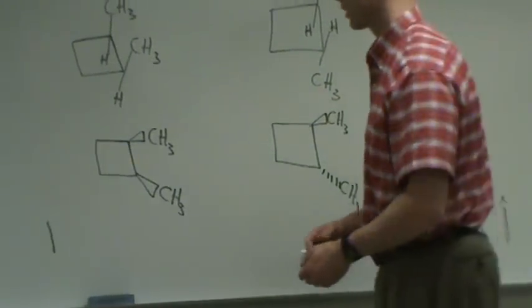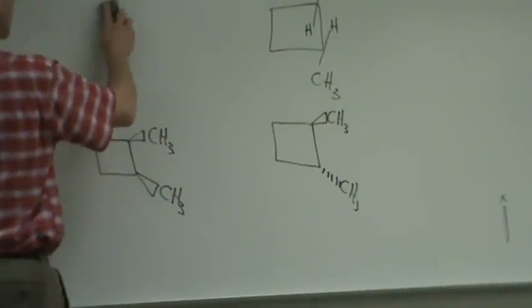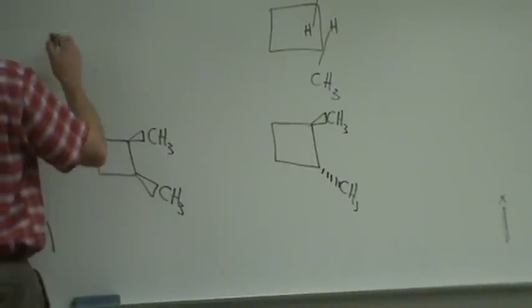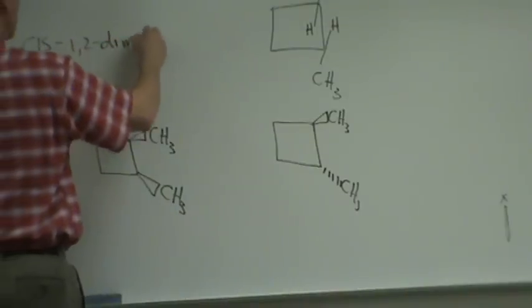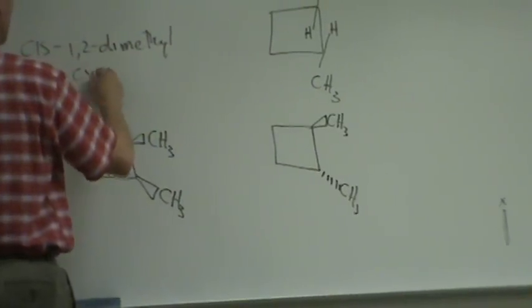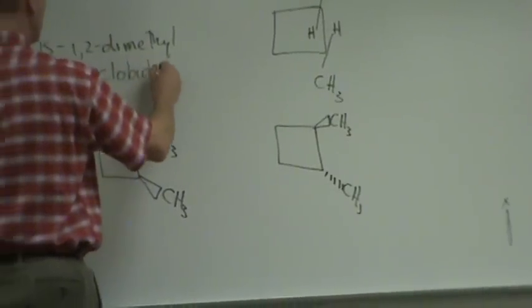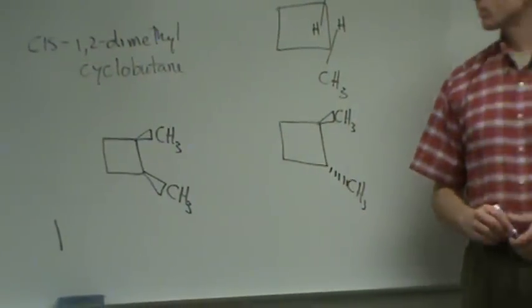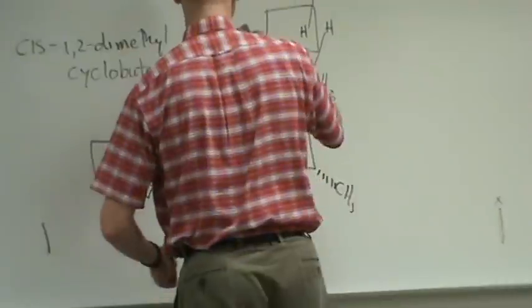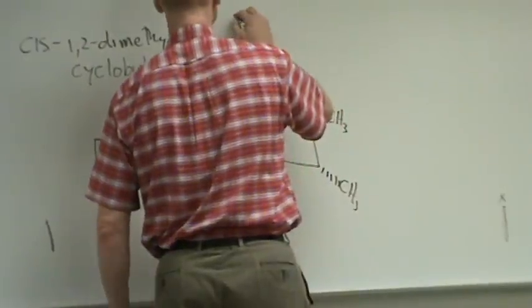So this one over here would be called cis-1,2-dimethylcyclobutane. And this one over here would have the exact same name, except what? You have the trans in front.